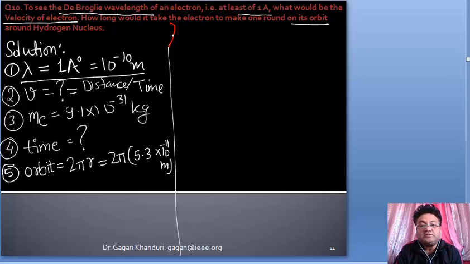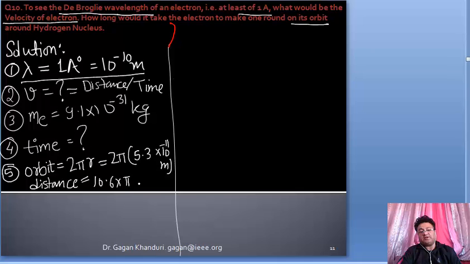So this is going to be the distance that the electron is going to cover. The distance would be about 10.6 into pi into 10 raised to power minus 11 meter. So we have to get the time.